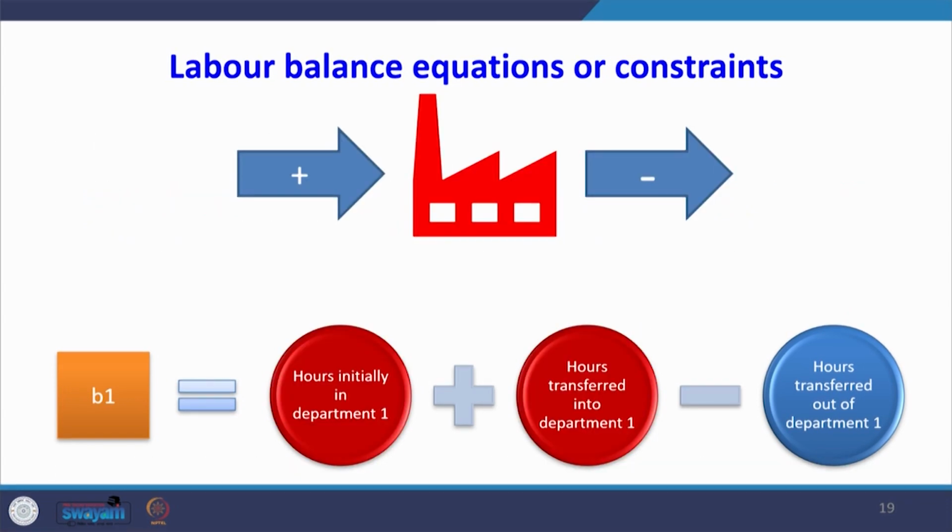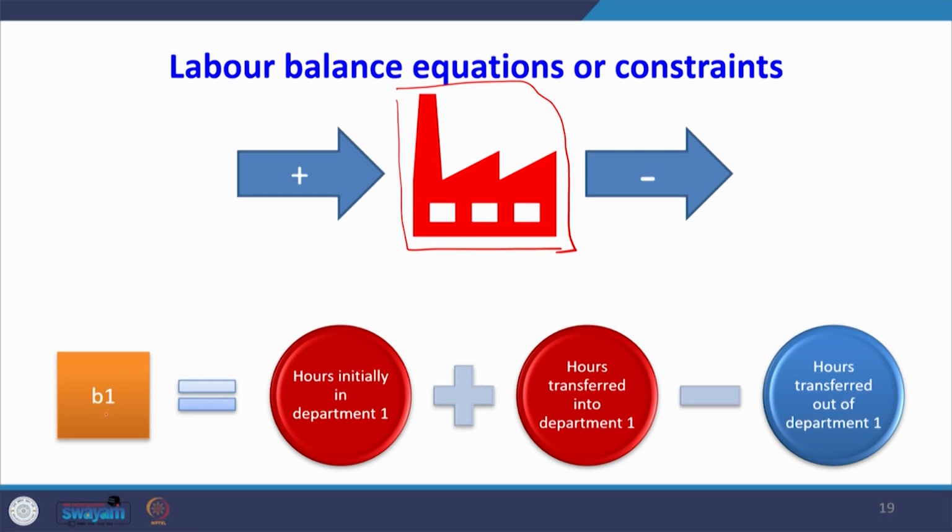So, when you look at this picture, what does this labor balance equation say? This is the department. If any additional hours are coming into the department, we add plus. From this department, any hours transferred to another department are written as minus.